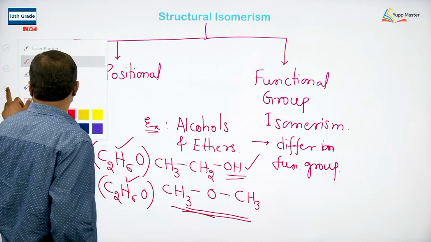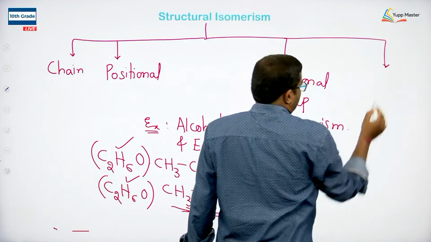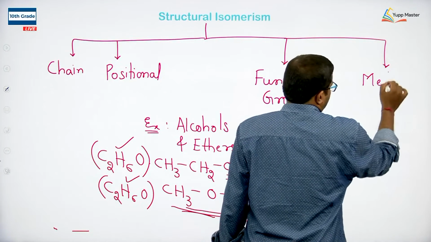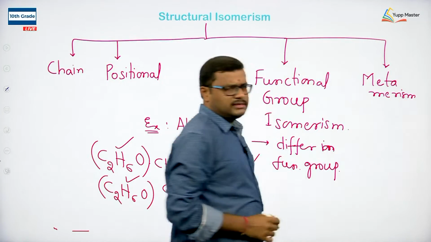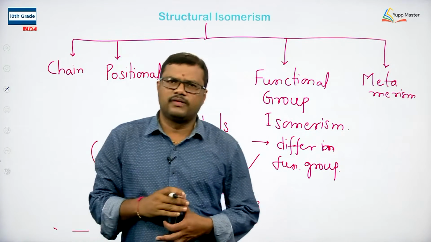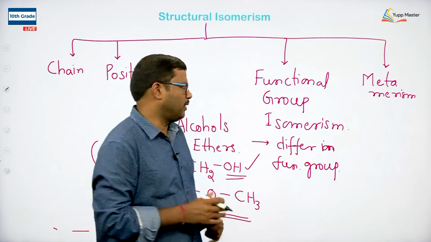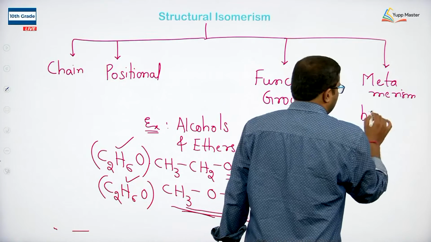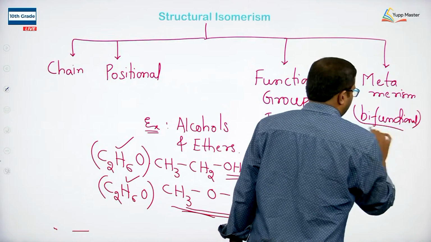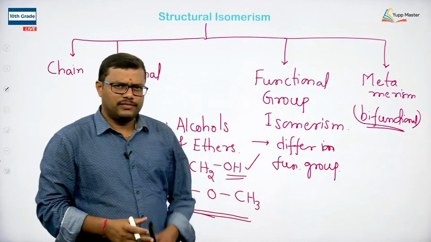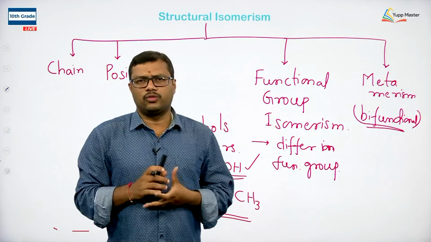Coming to the next type of structural isomerism, metamerism. What do you mean by metamerism? Generally metamerism is observed in organic functional groups which are bifunctional in nature, okay. What do you mean by bifunctional? The functional group has alkyl groups on both sides, okay.